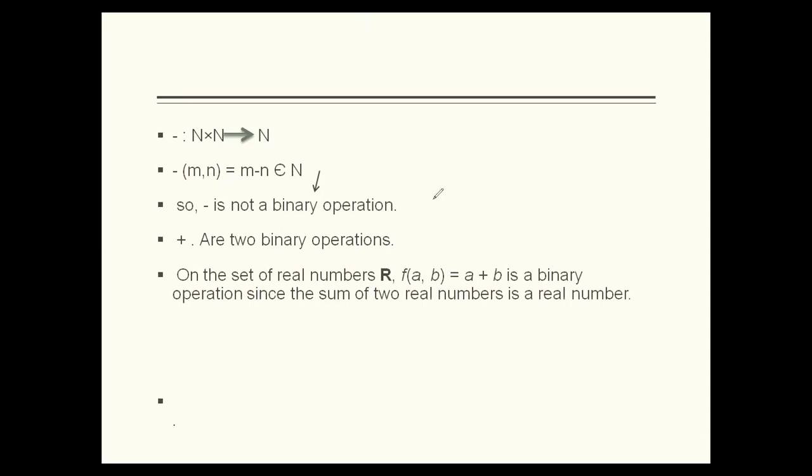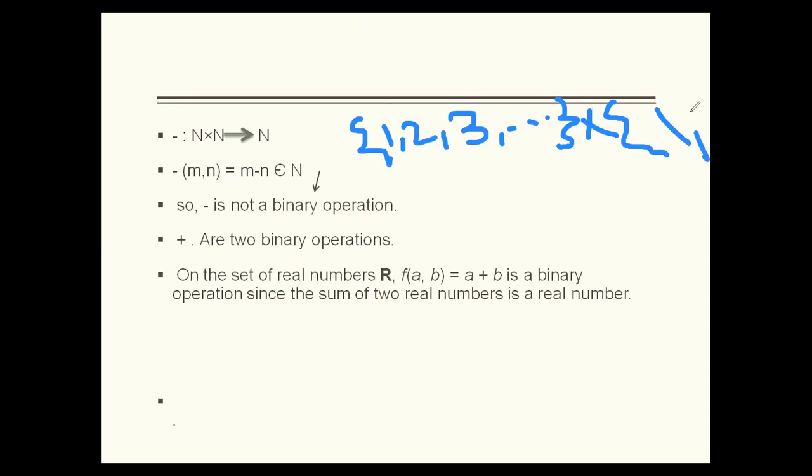For example, the set of natural numbers is 1, 2, 3, and so on. Okay, so this is the set of natural numbers. We define a Cartesian product from the set of natural numbers to natural numbers: 1, 2, 3, and so on.